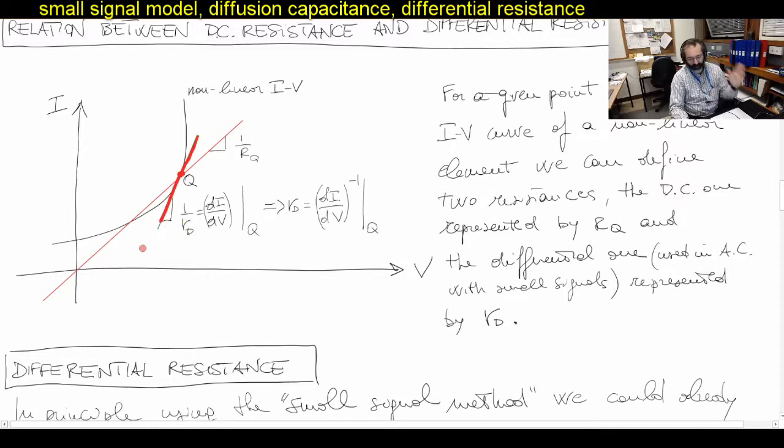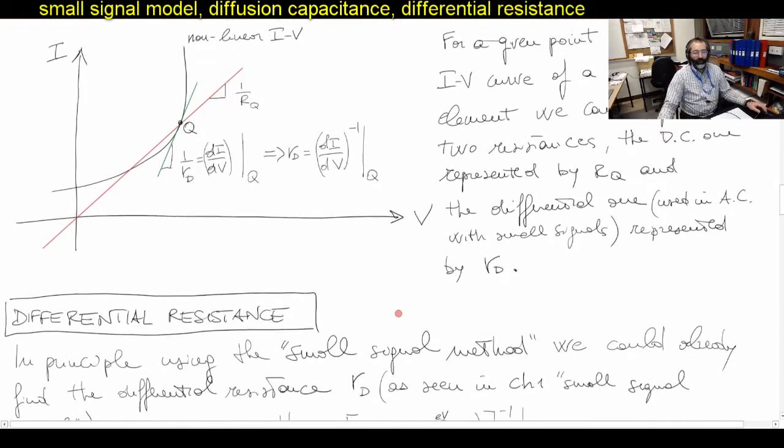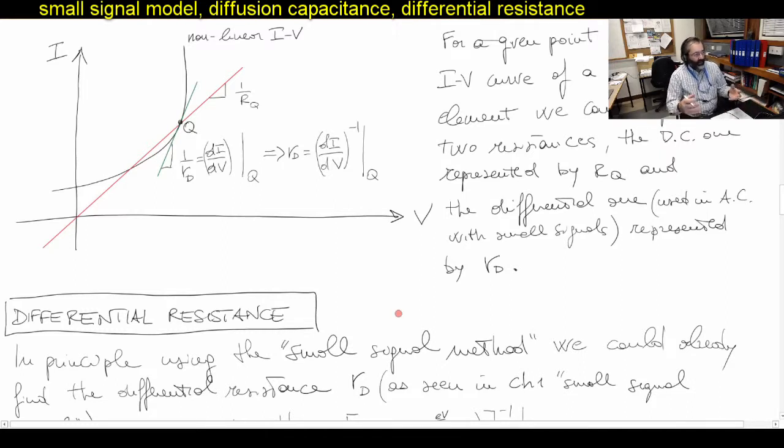So DC resistance, differential resistance. The differential resistance, remember, is important when we are using small AC signals, while obviously the DC resistance is important when we are dealing with DC signals.